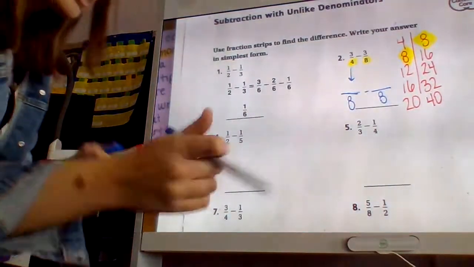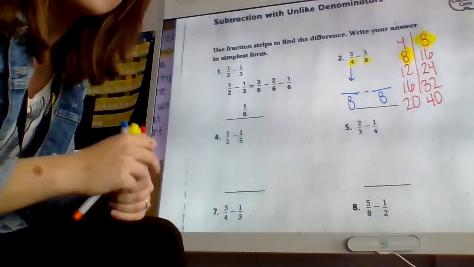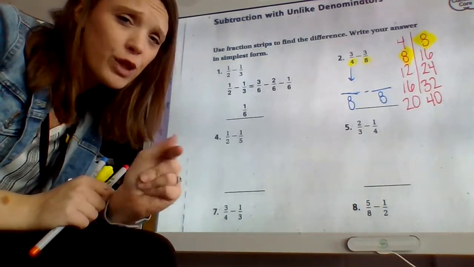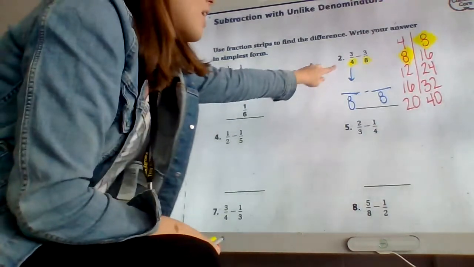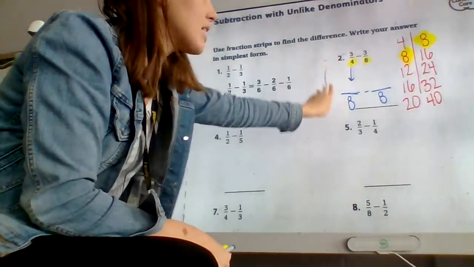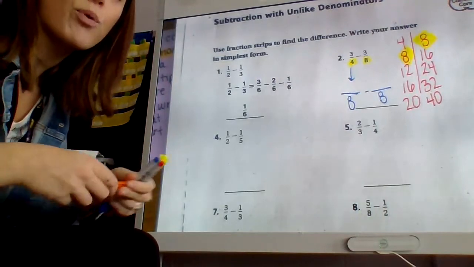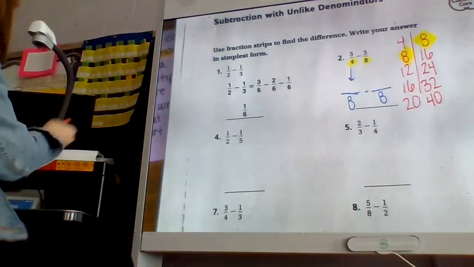All right, so I need to now compare my fractions. I need to think in my head. Now, this is why it's very important to know your multiplication facts very fluently, because it makes this process a lot easier. So I'm going to think 4 times 2 is 8. So 3 times 2 is 6. The rule you learned in 4th grade is whatever you do to your denominator, you have to do to your numerator.